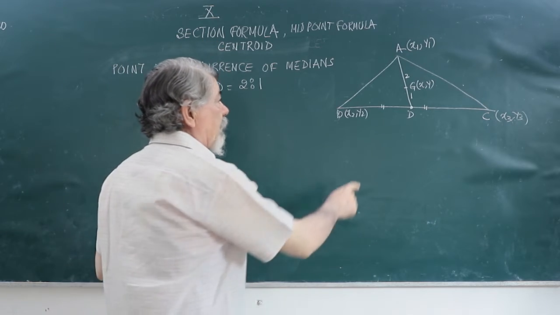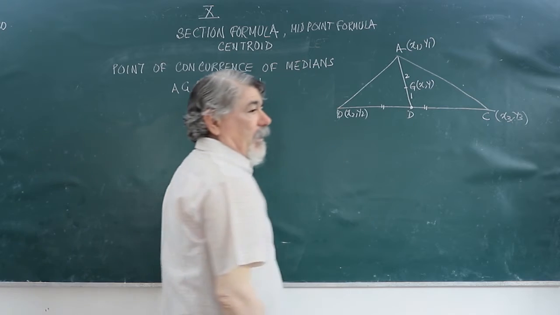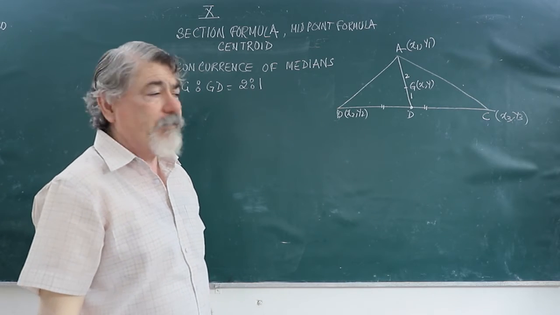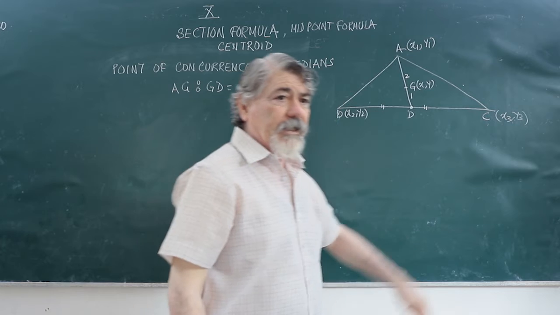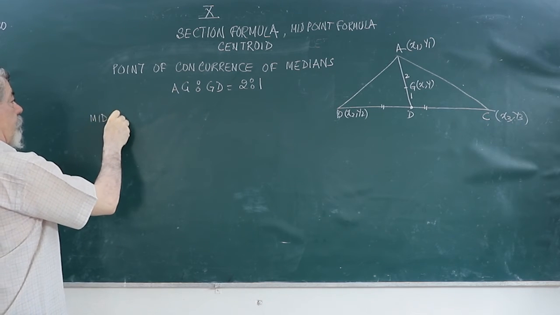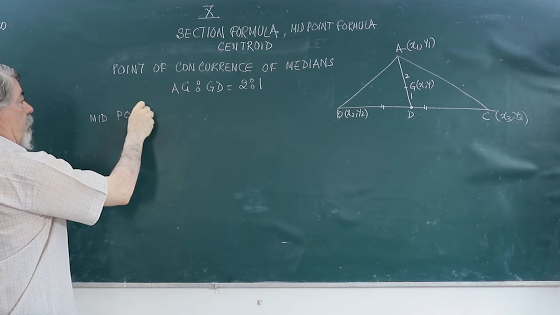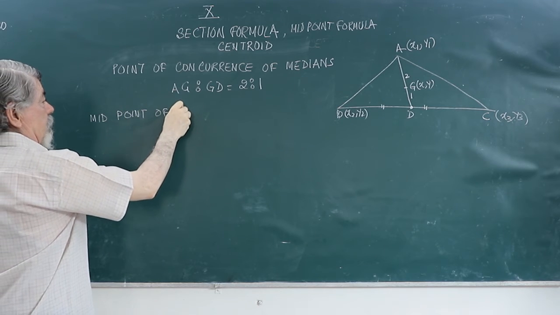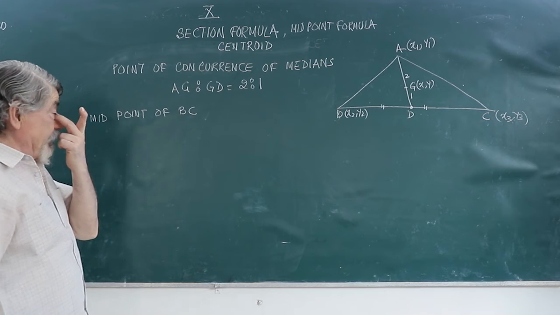Now I want to calculate the coordinates of D. How do I calculate the coordinates of D? Because it is the midpoint of BC, let us calculate the midpoint of BC. We told you the formula for calculating the midpoint.